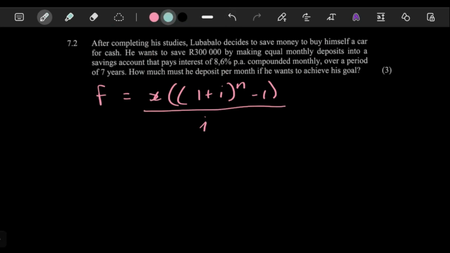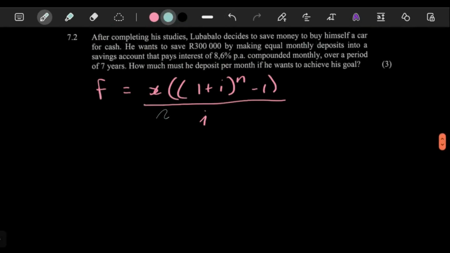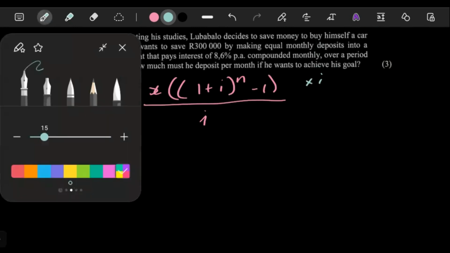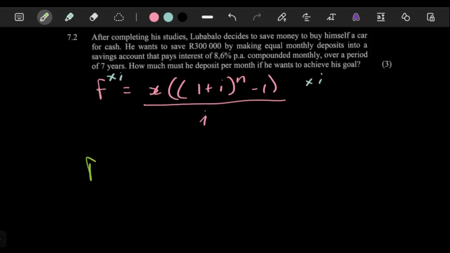So solving for x here, which is the monthly value, we can just isolate x. So we can multiply by i, meaning we're going to have Fi. So this cancels that. And then this is like x times (1 plus i to the power of n minus 1).